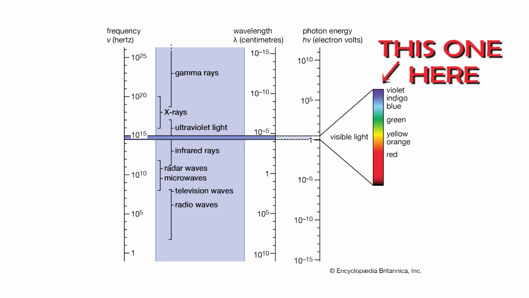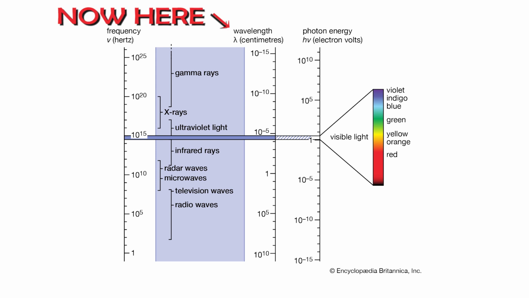Now let me bore everybody here for a second with a little bit of science, because it's very important when we're talking about color theory and the color wheel. The human eye sees on a visible light spectrum of wavelengths. These wavelengths are measured in nanometers, roughly between 400 and 700.